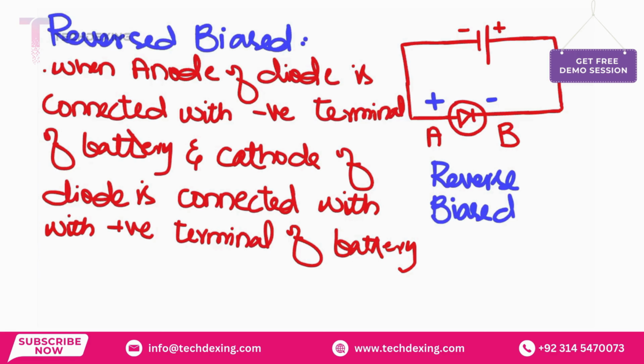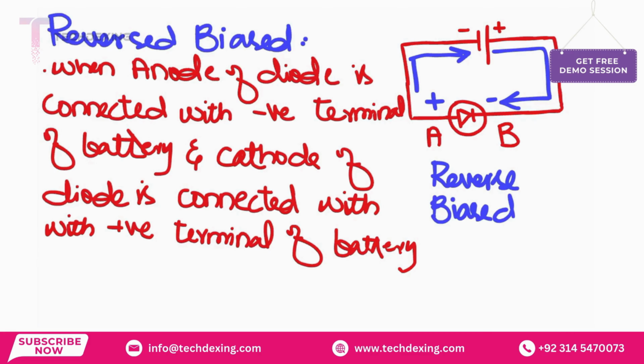The conventional current flows from the positive terminal of the battery, right? It would start from here, go here, and then go from this side to this one, because this is the usual way for the flow of the conventional current.